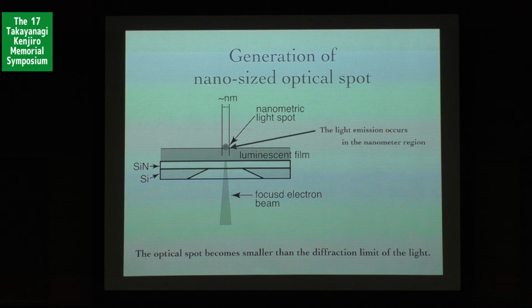The electron beam is focused onto a luminescent film. As you know, the size of the focused electron beam is a few nanometers. Therefore, light emission occurs in the nanometer region. So the optical spot becomes smaller than the diffraction limit of the light.